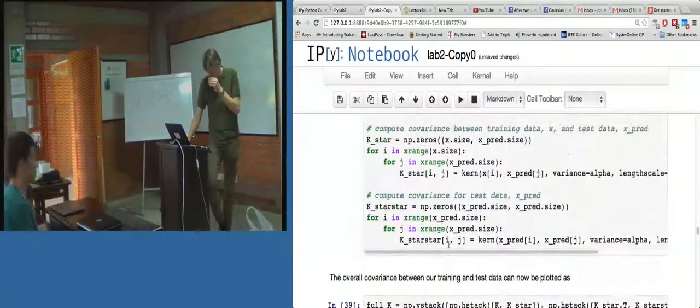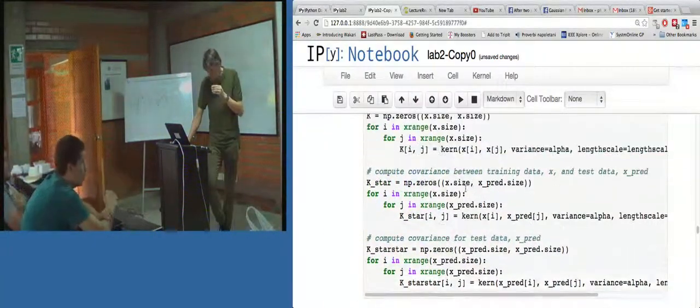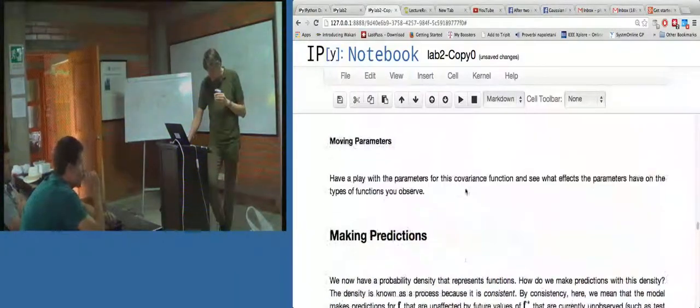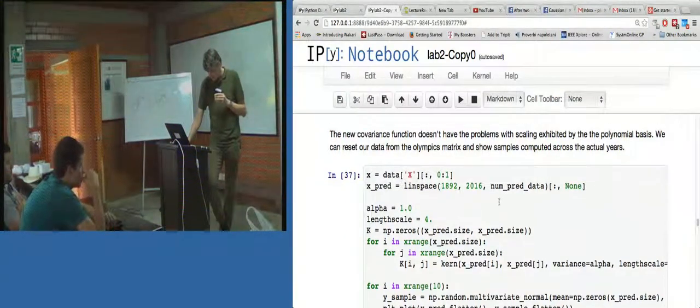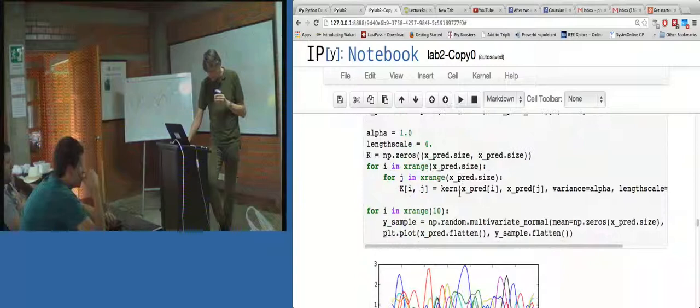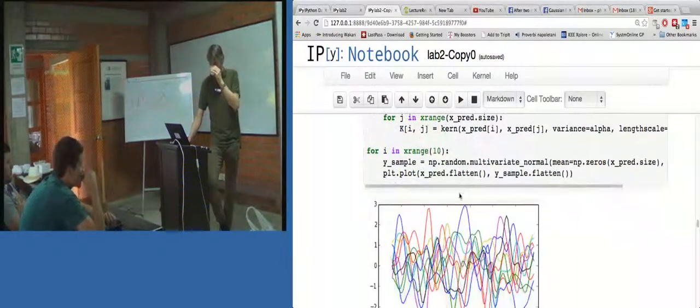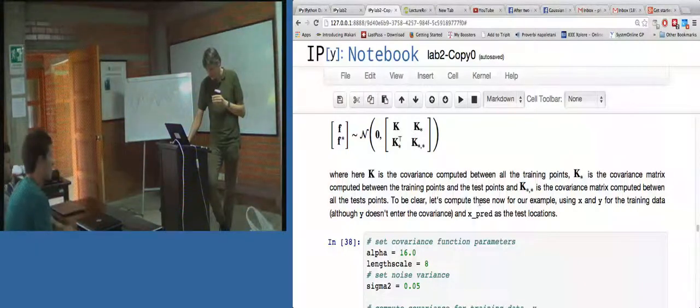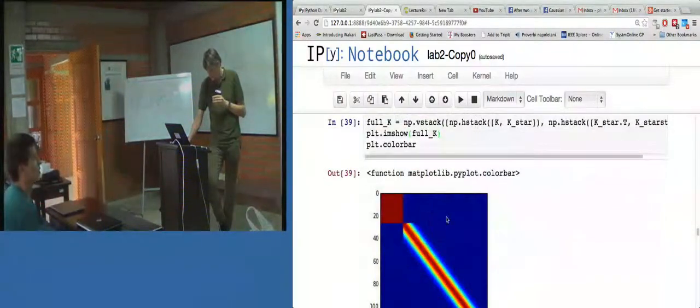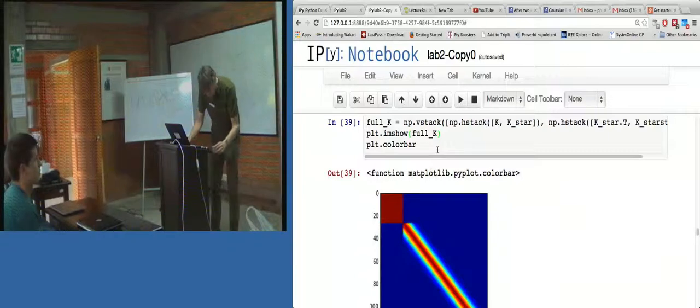What's my problem? Have I reset x? X is data x to 1. Xpred is the linspace. So I'm trying to visualize this matrix here, and it's not looking correct because in the top here there's something wrong. Let me just look at x, k itself.